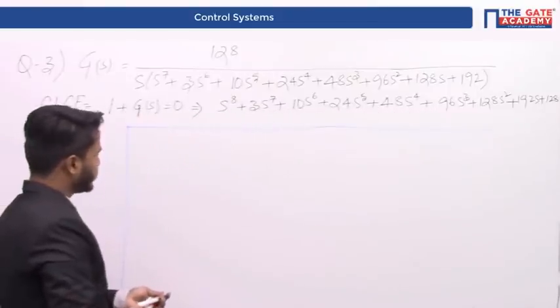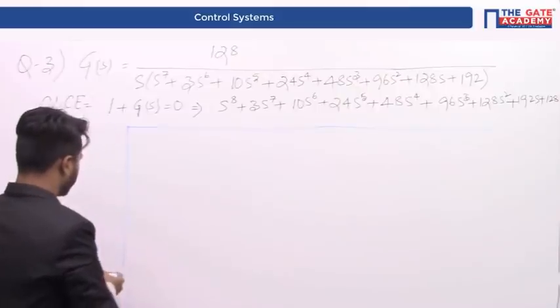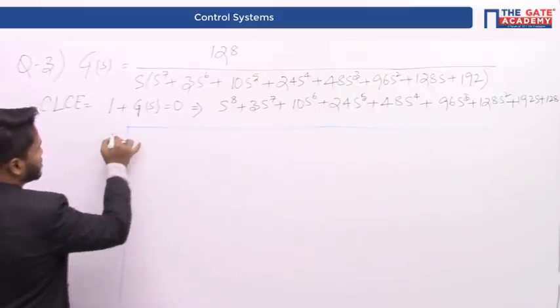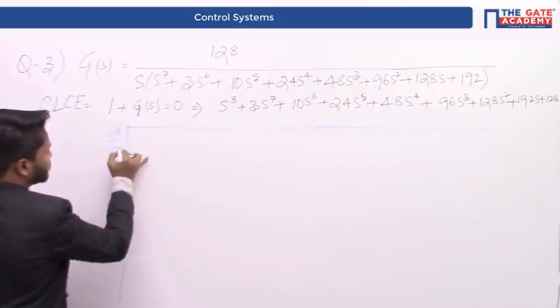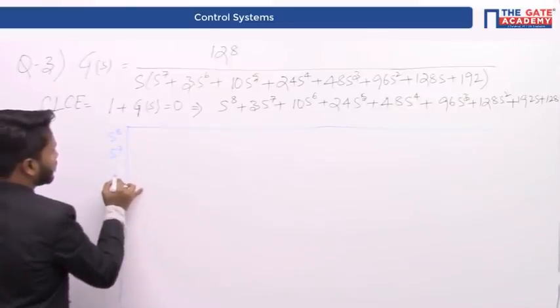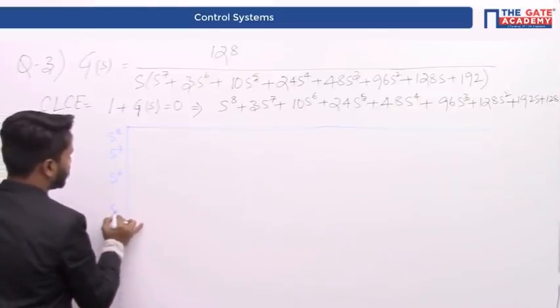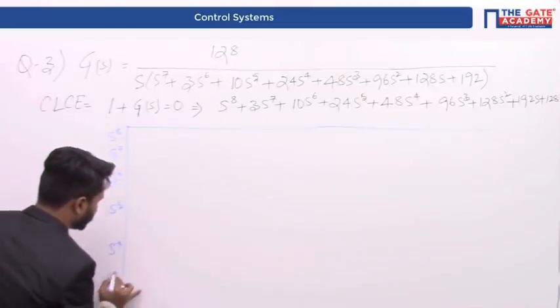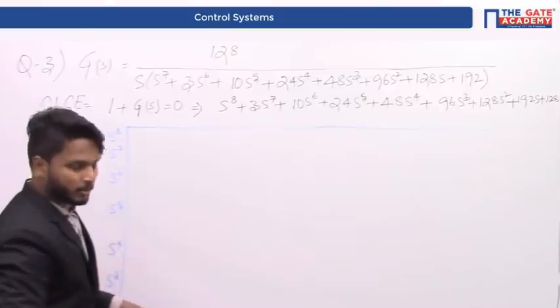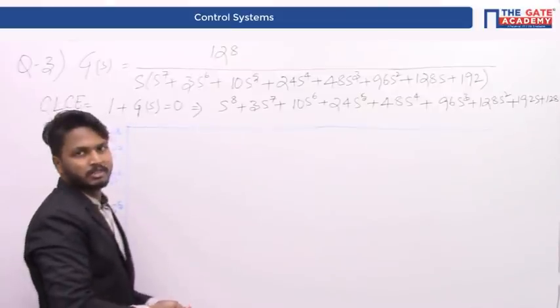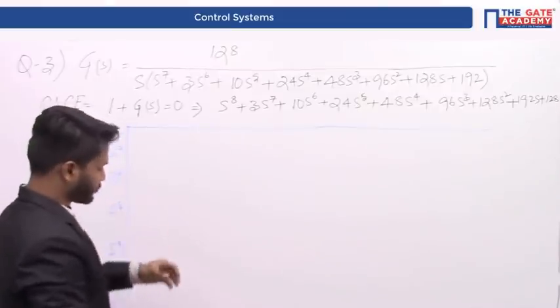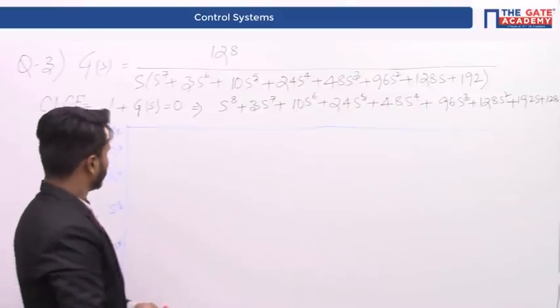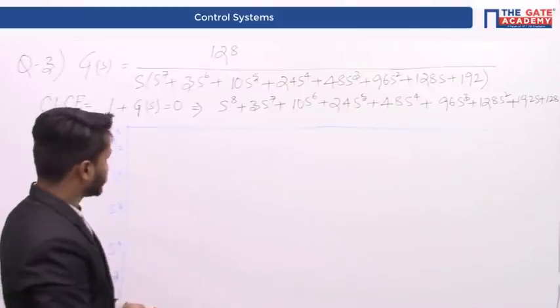You can clearly see here, you just write this as s power 8, s power 7, s power 6, s power 5, s power 4, s cube. You have to proceed till s power 0, but there is a reason why I'm just stopping at s cube. So let's look into how we are formulating the route array.